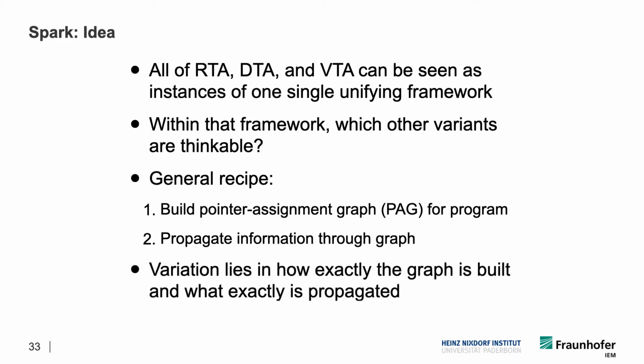And the variation actually only lies in how exactly the graph is built. So what kind of nodes does it have? In particular, that's the main variability point in the graph construction. And then what exactly is being propagated through this graph. So sometimes it can be types, sometimes it can be individual allocation sites, for instance, but we will be talking about that in detail.